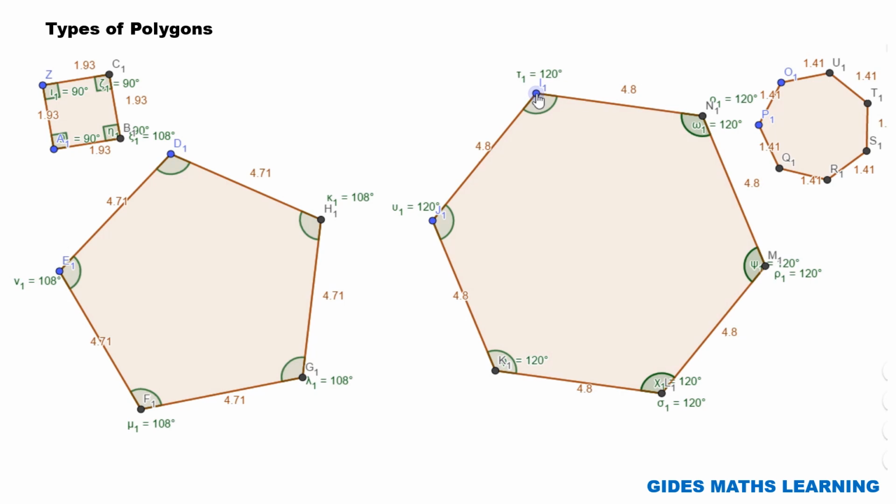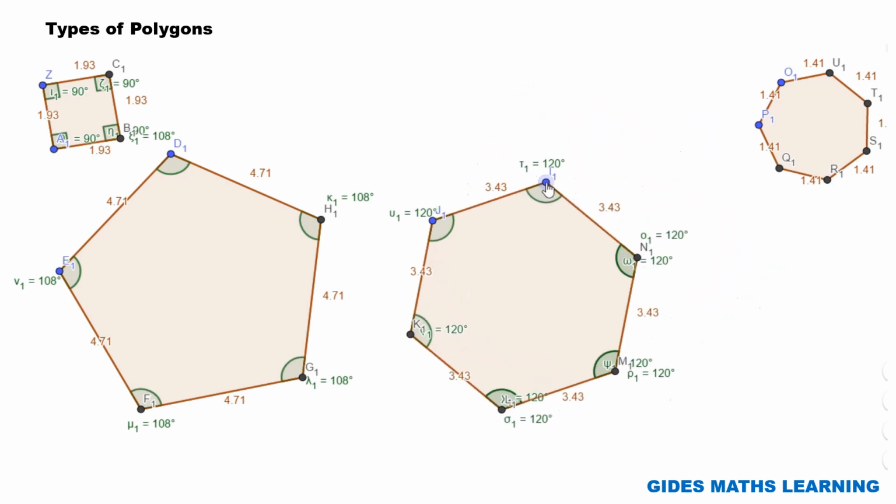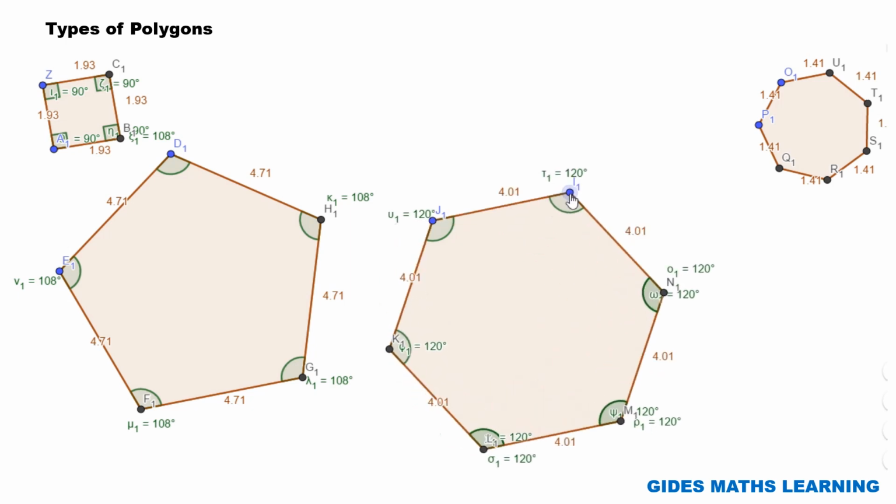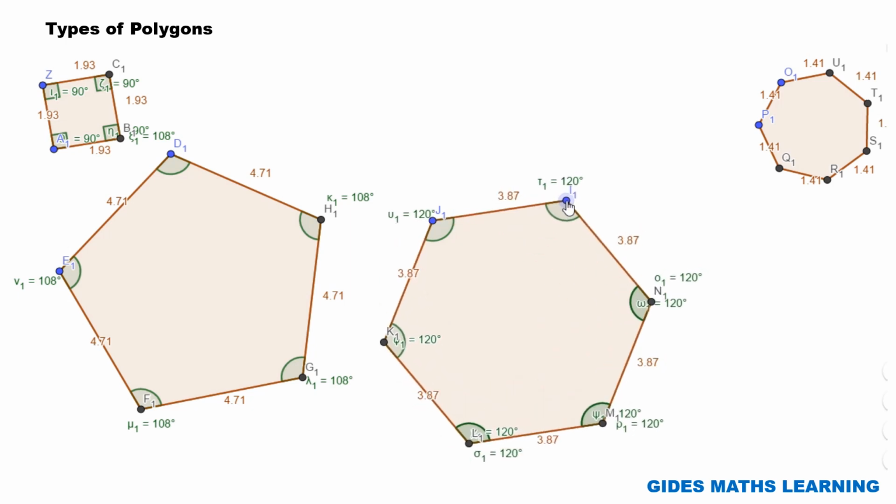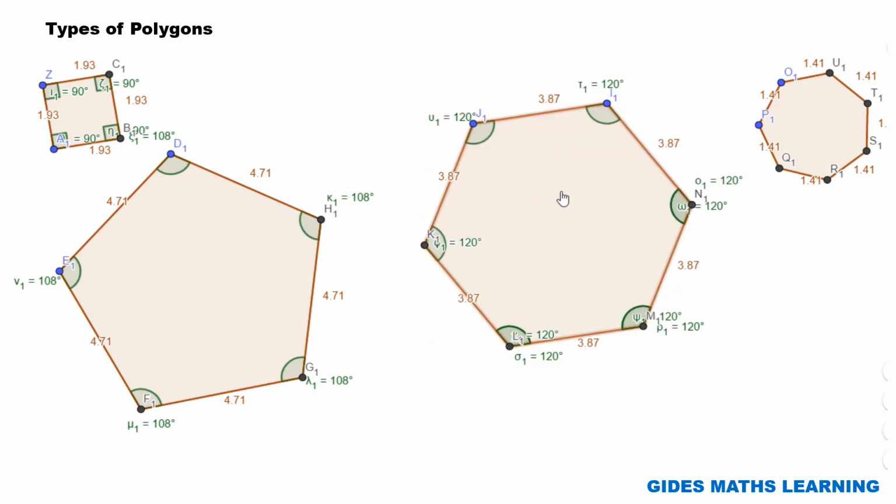The size is now 4.8 units, and the interior angles are the same. So for regular polygons, the sides are the same in length, and the interior angles are also the same in size.